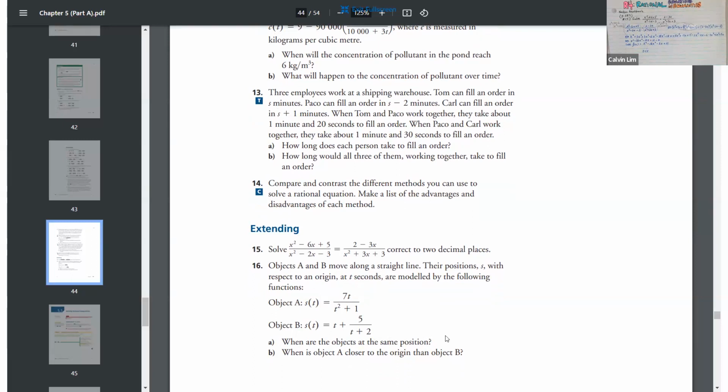At the same position, S of t for object A equals S of t of object B, right? So this equals this, and then you solve. For part B, when is object A closer to the origin than object B?